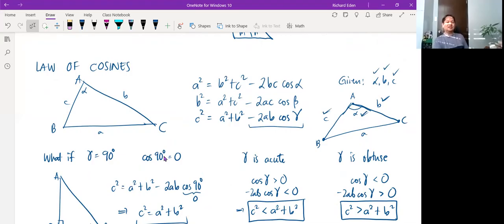Given A, B, and C, we should be able to figure out what the three angles are. So in particular, you could solve for cosine alpha.